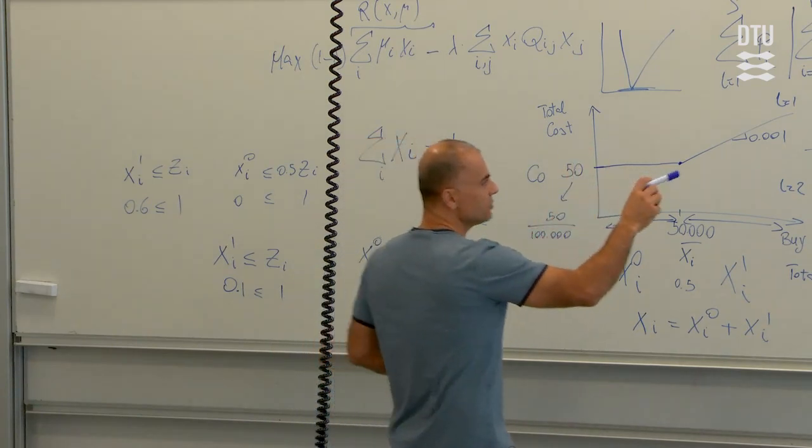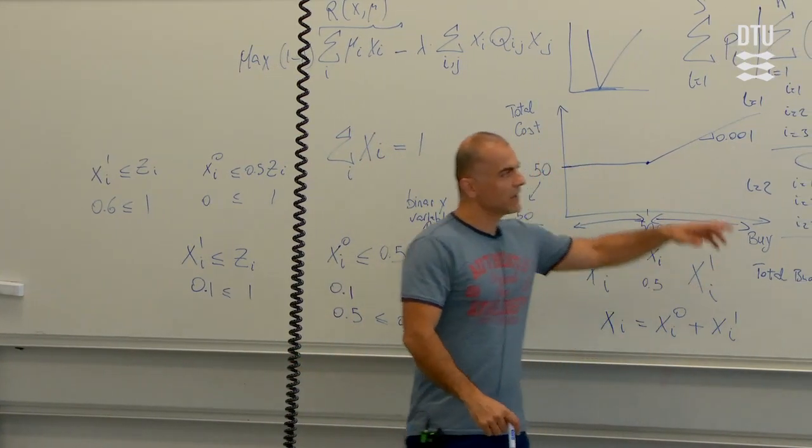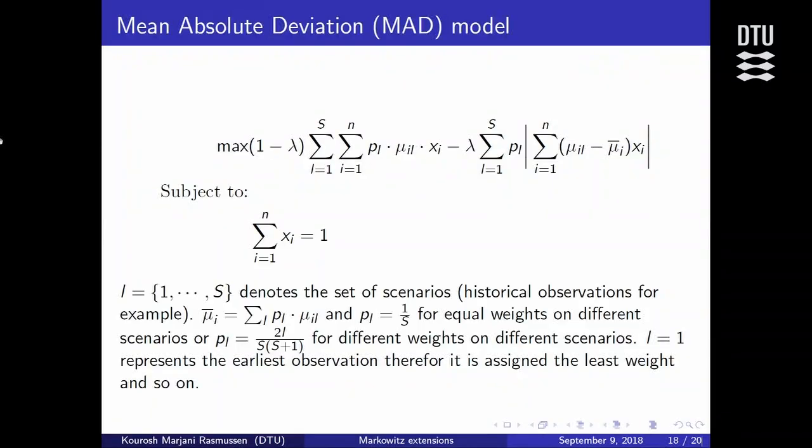There's one note over here which you can have a look at. If you notice, we have the P_L, which is the weight for any given scenario L. It could be just equally weighted. So if you have 100 scenarios, then you can say the weight of each scenario is 1 over 100. But you can also use the formula that I'm showing you over here.